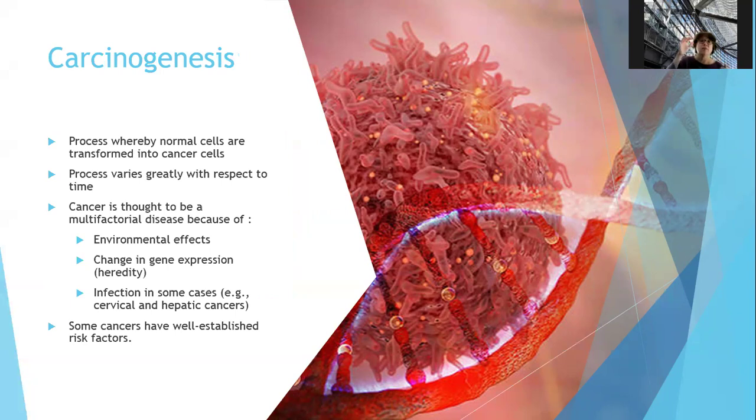Cancer is thought to be a multifactorial disease because there are environmental effects, there are changes in gene expression, and sometimes infection, like cervical, head and neck, and hepatic cancers can be caused by human papillomavirus or hepatitis virus. Some cancers have well-established risk factors and some do not.